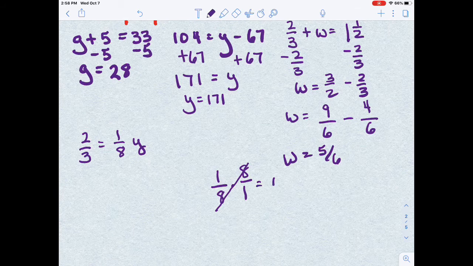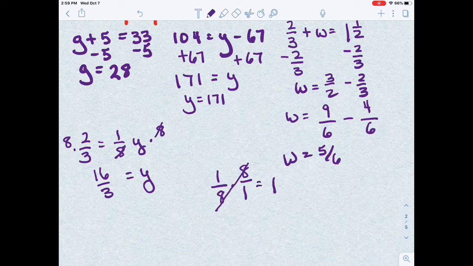And that would give me 1. And so I want to multiply both sides by 8. This is canceling with this, and I have y on the right. And over here, I have 16/3. Don't worry about your improper fraction. 8 times 2 on the top is 16.